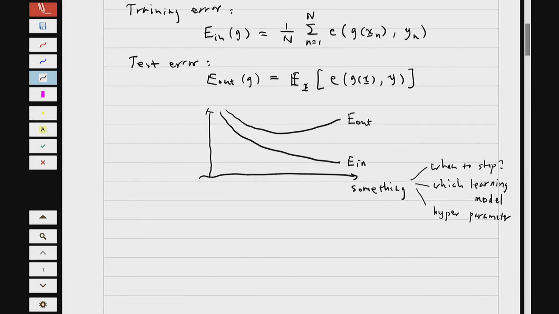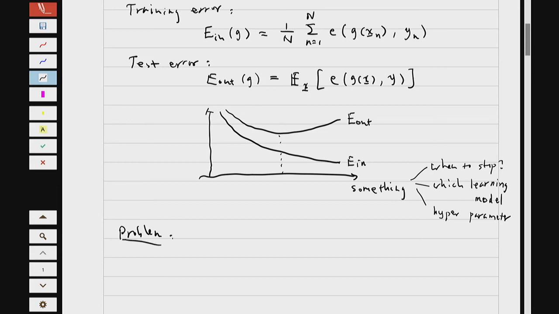So of course now the question is, during training, since we won't have information of E out, we don't know when to stop, right? But our ultimate objective is E out. Ultimately, we want to get this point. The question is, how do we know from the training itself? That's our problem.